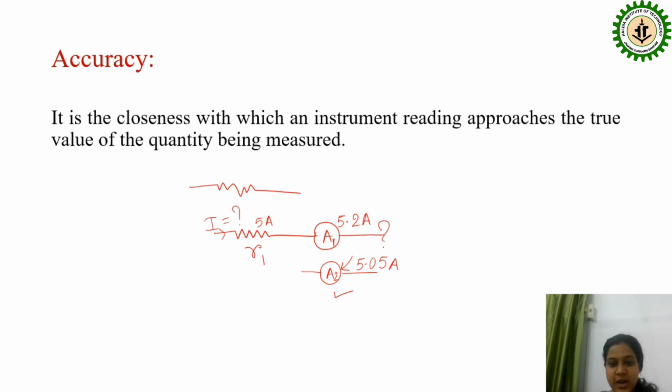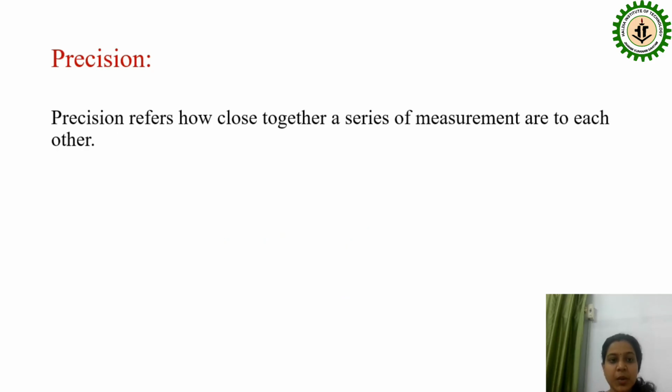Now try to understand the meaning of precision. Precision refers to how close together a series of measurements are to each other.